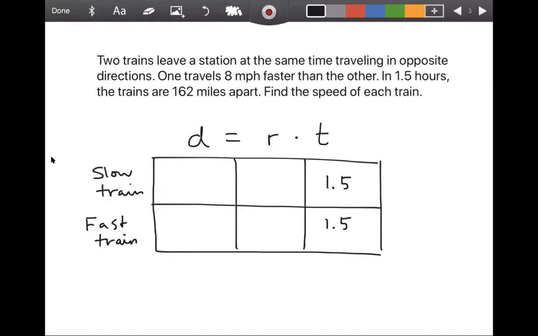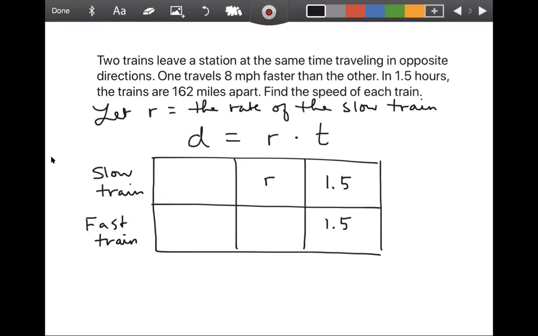So I think the thing to do in this problem is to let R be the rate of the slow train. This problem is easier, I think, than the last one. Okay, so I'm going to put R here, and then what would the rate of the fast train be?